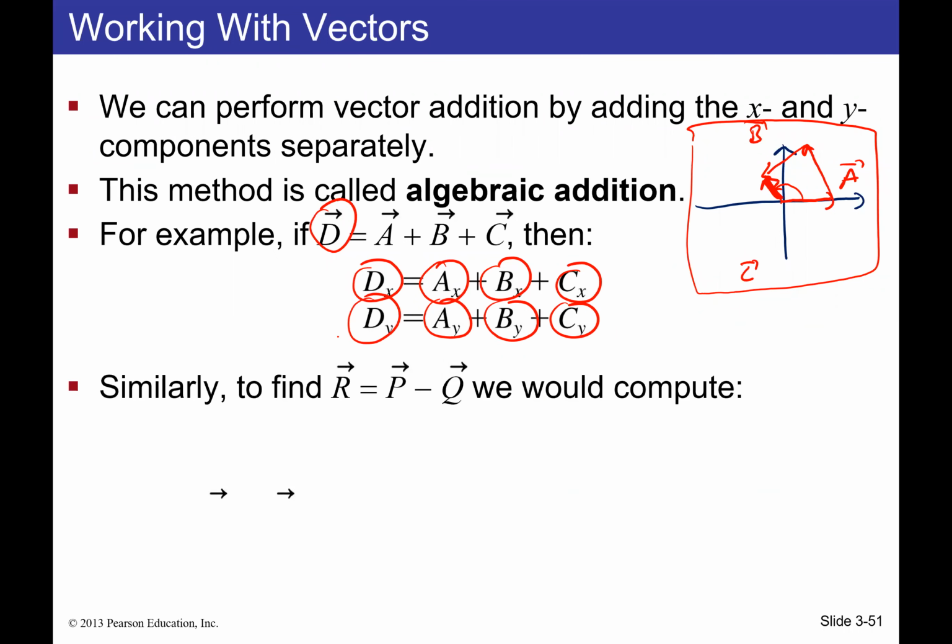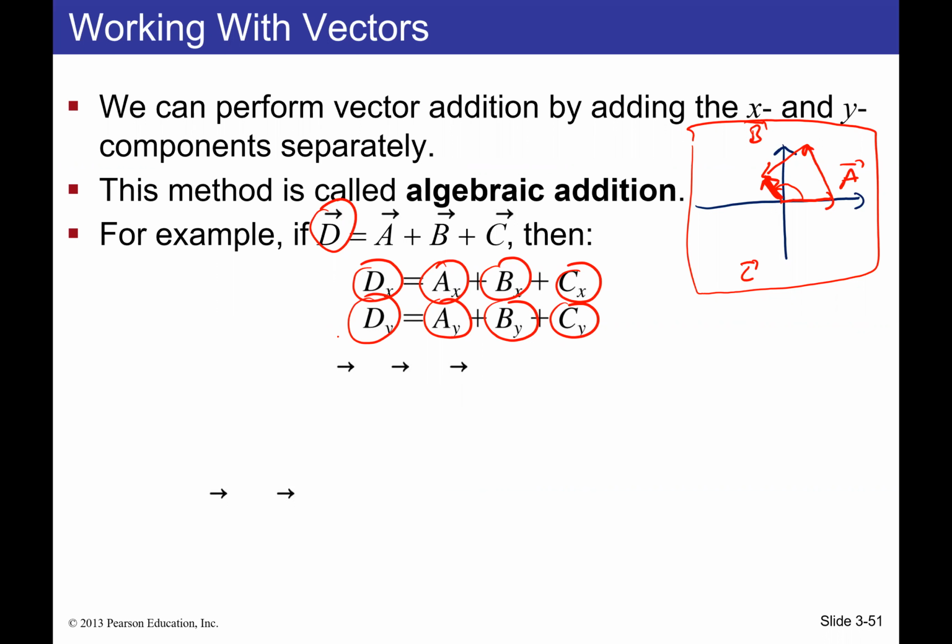So this is a bit different. I can find the components of the resultant vector D by finding the components of each vector A, B, and C, then adding them together. The horizontal component sum gives me the horizontal resultant component, and the vertical component sum gives me the vertical component of the resultant.